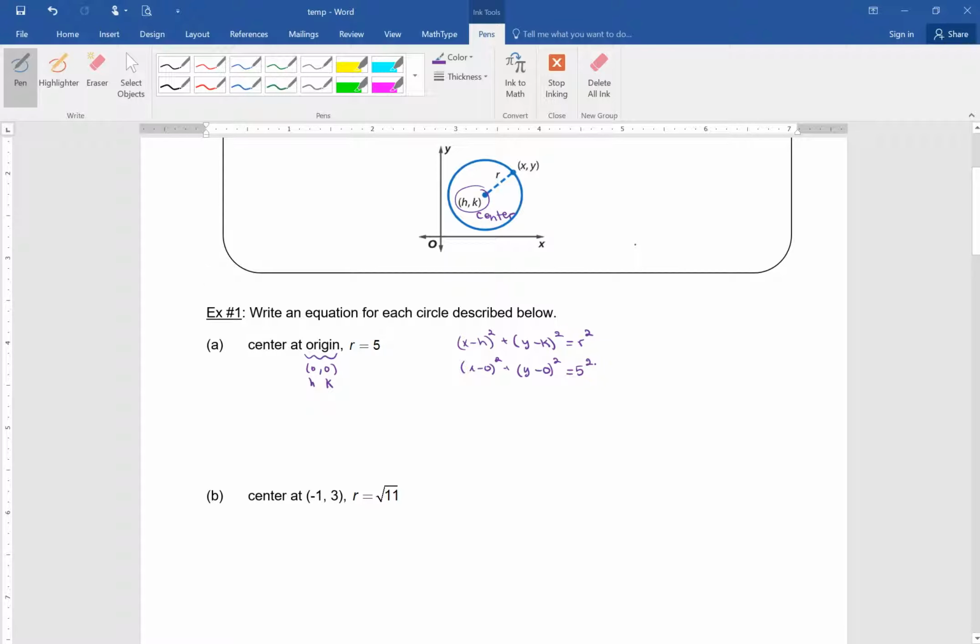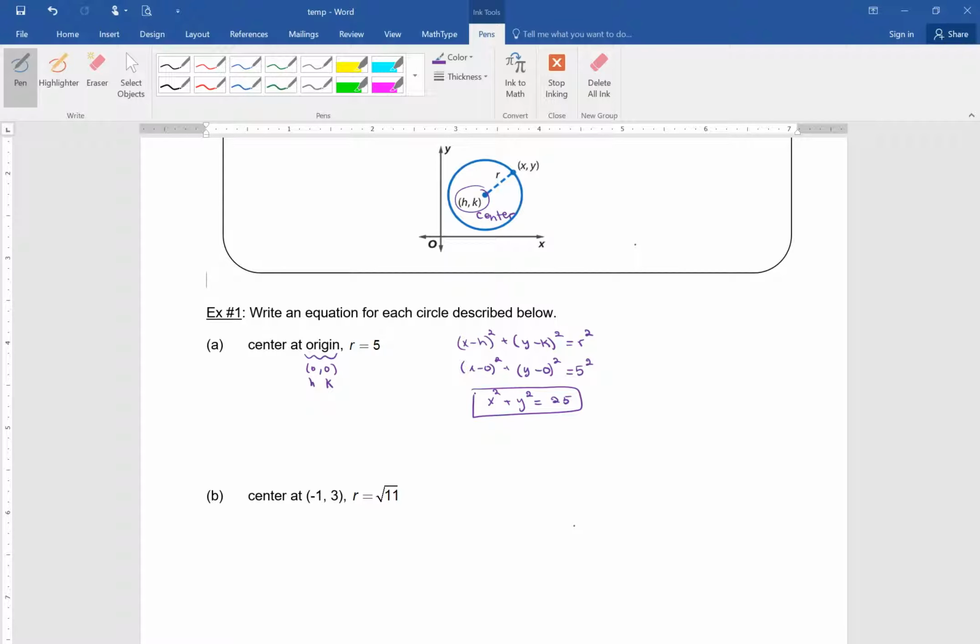Right, so I'm just doing this to run you guys through it. Obviously, we never write x minus 0 squared. That's just x squared plus y squared is equal to 25. In fact, I don't want to see you leaving x minus 0 or y minus 0 in your final answer.